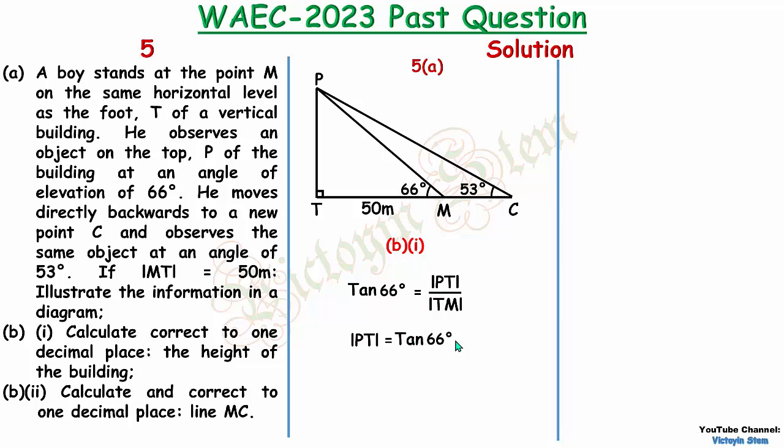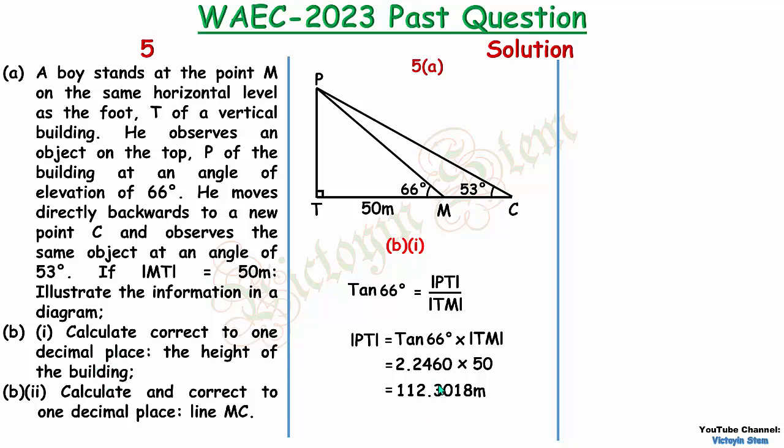PT equals tan 66 degrees multiplied by line TM. Tan 66 degrees is equal to 2.2460, multiplied by TM, which is 50. The product of these two numbers boils down to 112.3018 meters. Now the question says my answer should be to one decimal place.